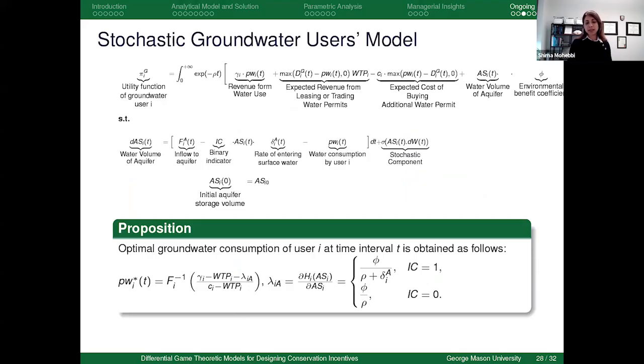And for the water balance equations in the constraint, we add the stochastic component through the standard Brownian motion. And this can be solved analytically, where F inverse is the inverse cumulative distribution function of groundwater users' water demand. And in the equation, lambda is the environmental shadow price representing the economic value of an additional unit of aquifer water.